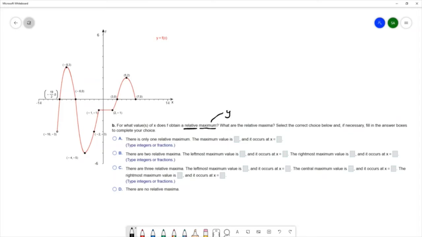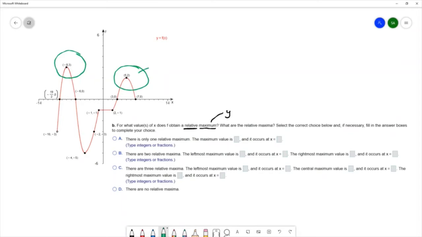So looking at the picture that we have here, I can see two places on the graph that achieve a peak. And if we were to zoom in on those two areas, those points would obtain a maximum in that area, the highest y value in that area.